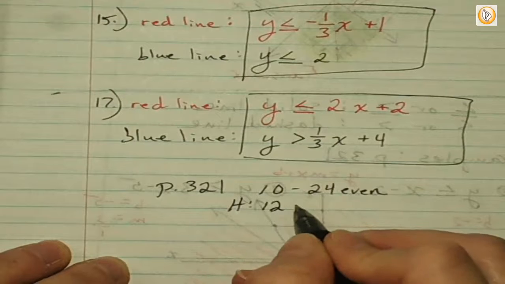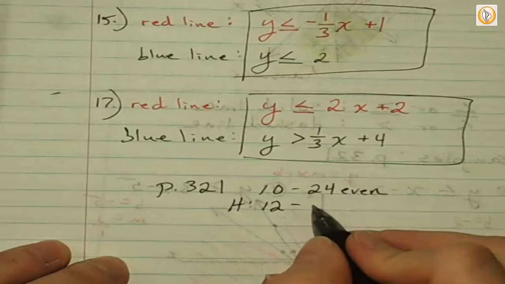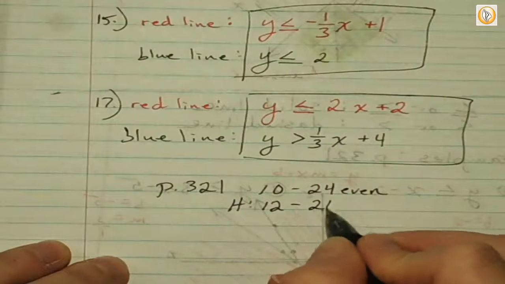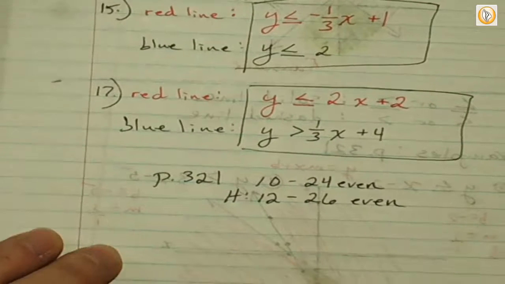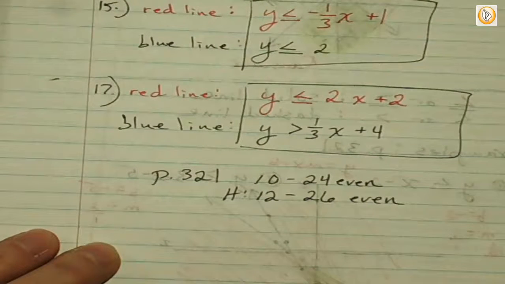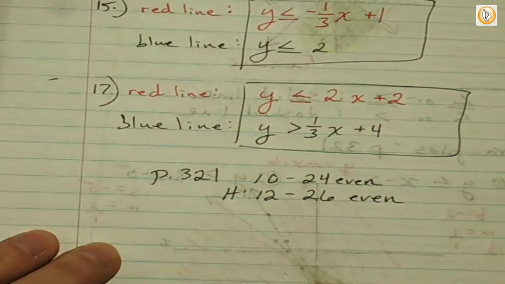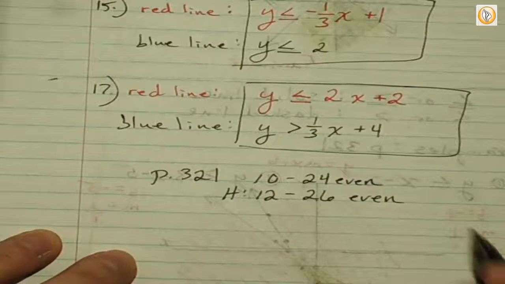Honors, I'm going to see how you do on 26. This should be fun. 12 through 26 even. Now, there's 3 on there for 26. So, honor students, you're going to graph 3 lines and then find where they all intersect.